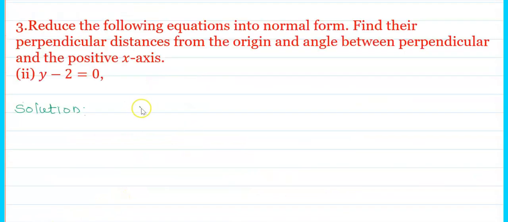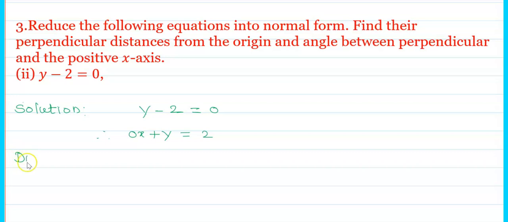Now the next equation is y minus 2 equals 0. Again, this equation can be written as 0 x plus y equals 2.